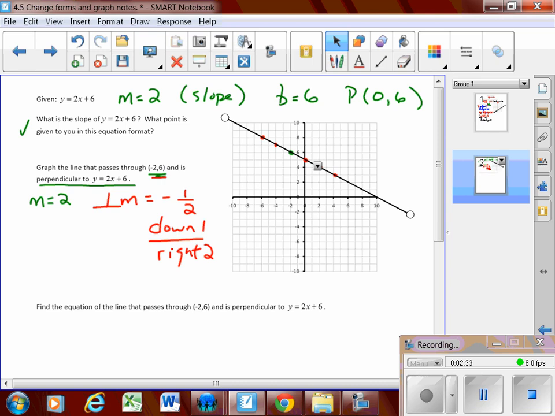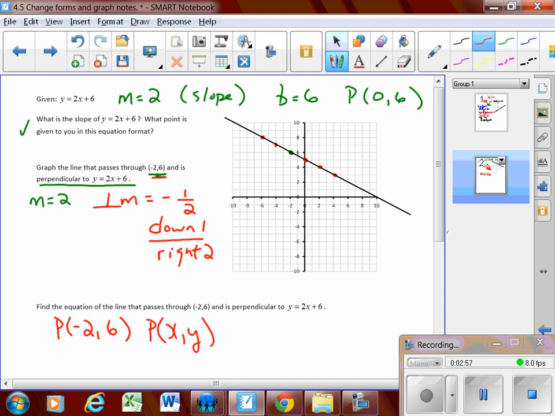So the next thing that we're supposed to do is find the equation of the line through negative 2, 6, and that is perpendicular to y equals 2x plus 6. So again, to find an equation, I need a point, negative 2 and 6, a point x and y, and I'm going to use the slope that is perpendicular to the slope of 2.